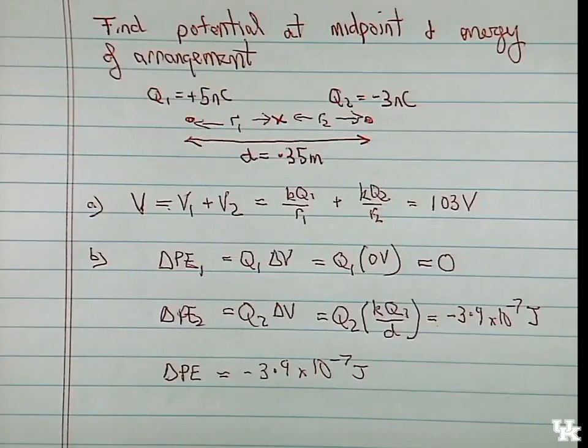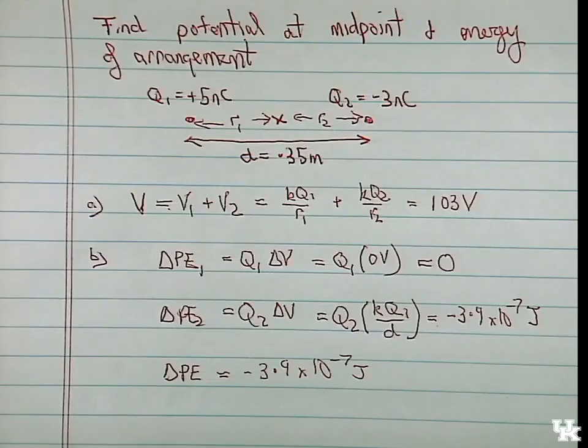I didn't have to push it in towards the first charge. That negative sign means that if you wanted to pull these guys apart, if you wanted to separate this couple, you'd have to add energy. You'd have to add 3.9 times 10 to the minus 7 joules to pull apart those charges. So this has a negative electrical potential energy.